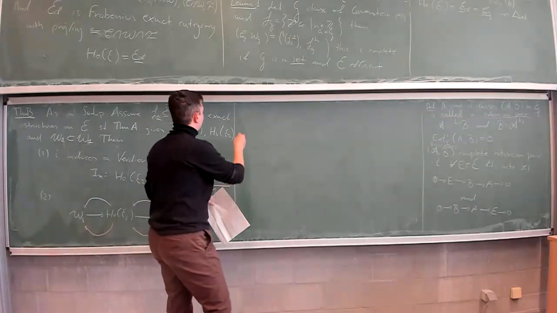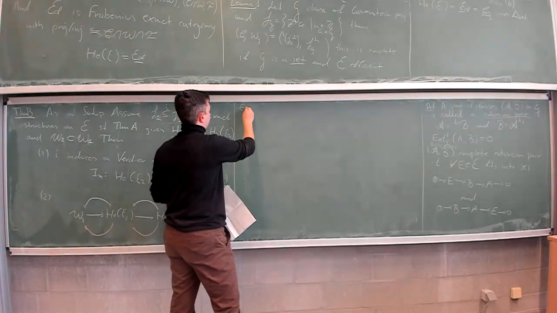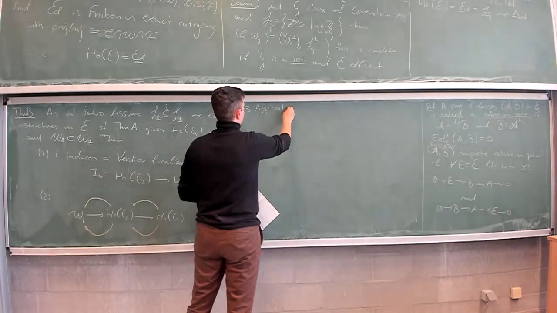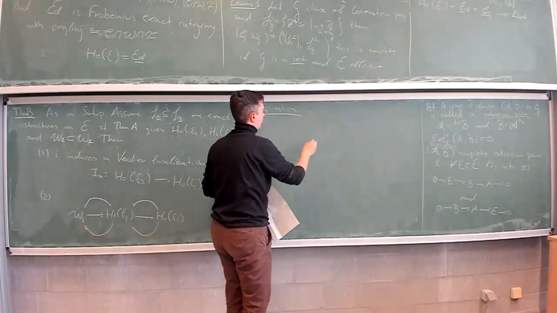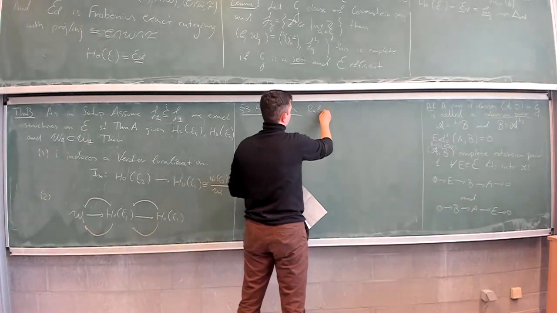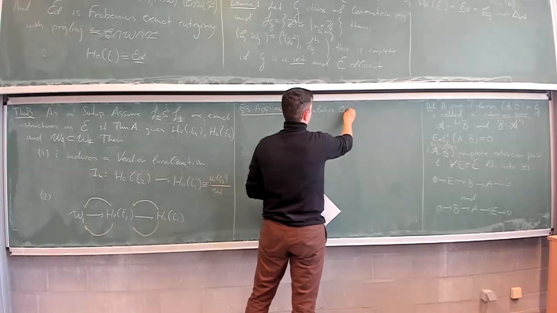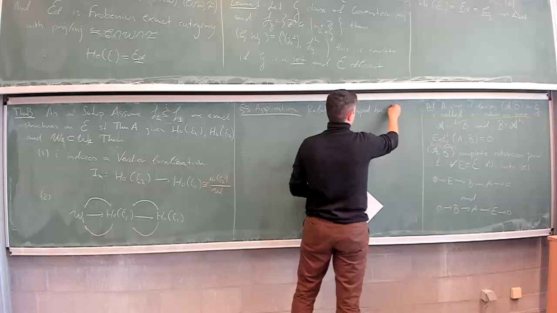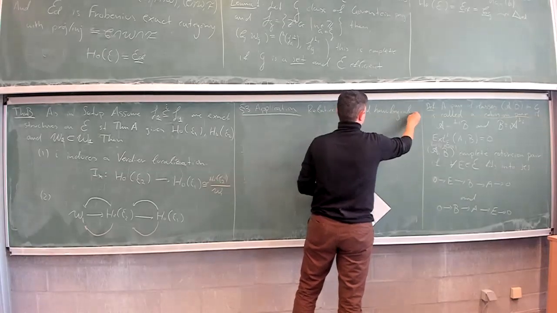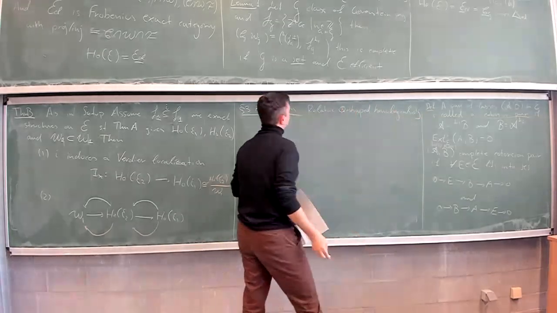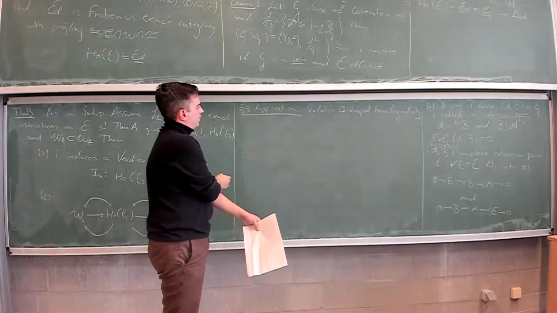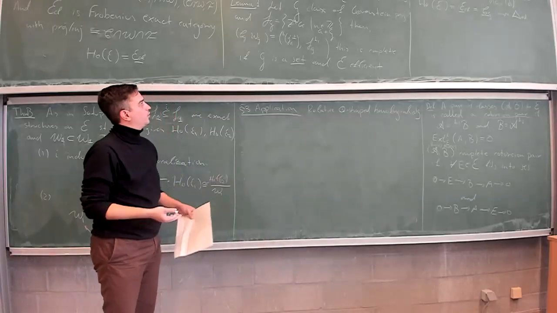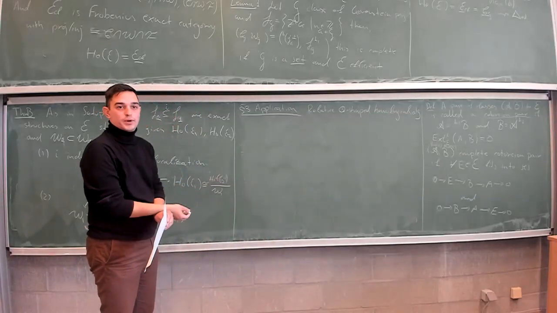Okay, so let's do an application now. We're going to do it in the setup of what I call relative Q-shaped homological algebra. Right, so most of you are comfortable doing homological algebra with chain complexes.